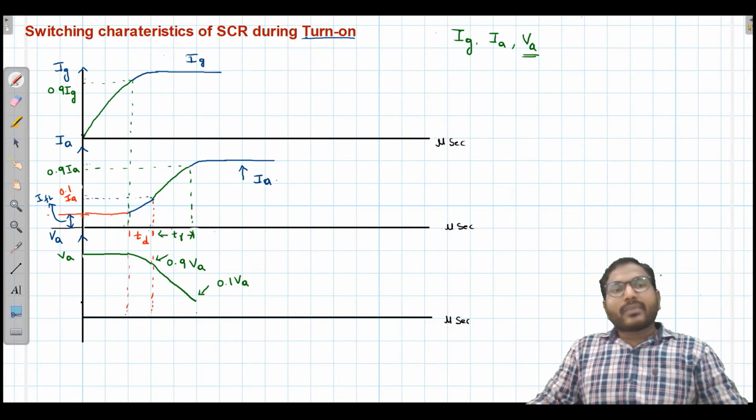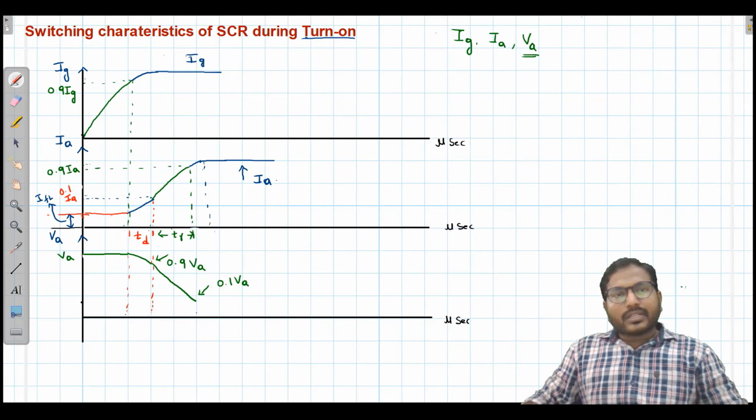So the time taken by IA from 90% of IA to 100%, that is 0.9 IA to IA, is called spread time, TS.